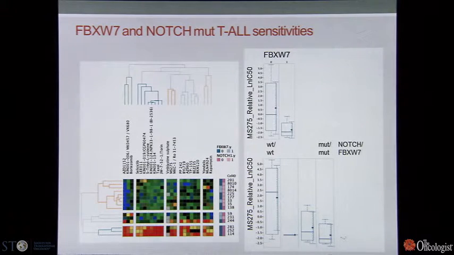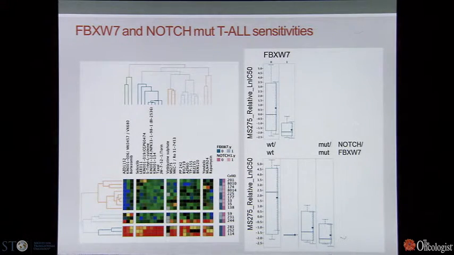And what we're looking at here is, first of all, what kind of strength of effect we have. So MS275 relative IC50 again in FBXW7 wild type or mutant lines. And so you can tell that this statistical significance that you saw before represents a relatively important shift in the potency of the inhibitor in the wild type versus the mutant lines.